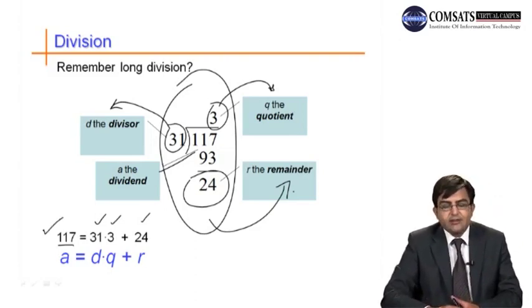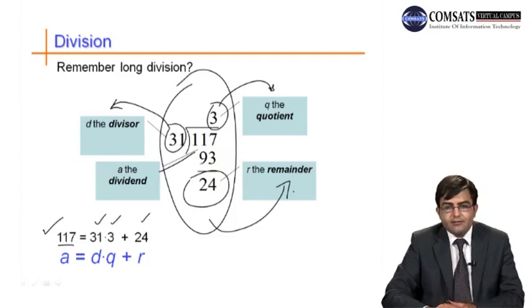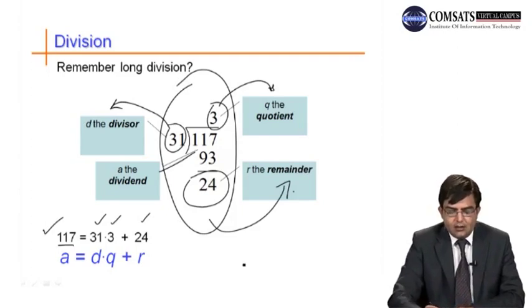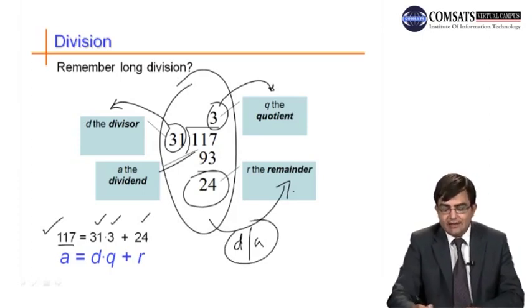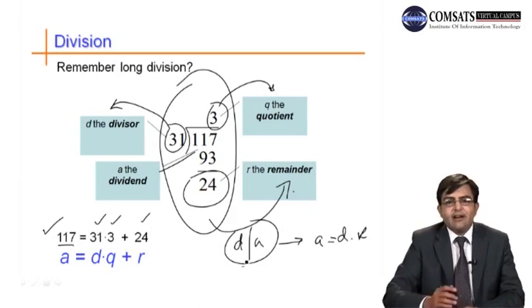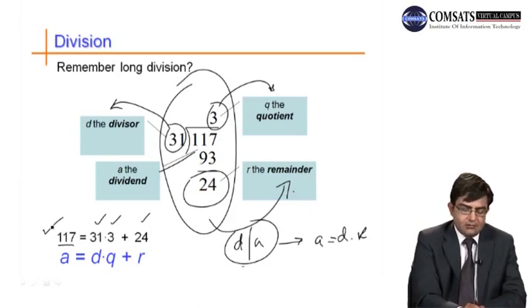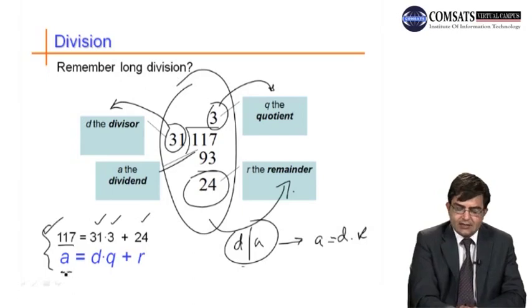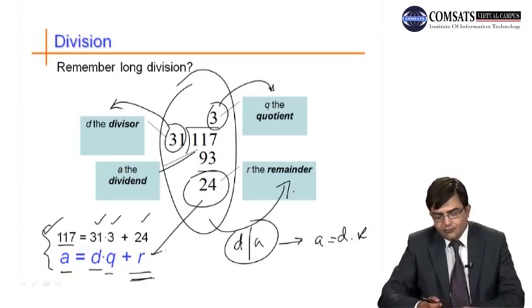So in number theory, if we have two numbers, for example D and A, and D divides A completely, then we can write A in terms of D times some integer. If D doesn't divide A completely, then we write it like this: A is equal to D times some integer Q plus the remainder R.